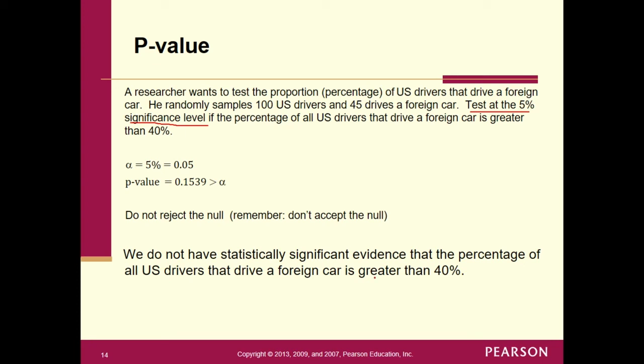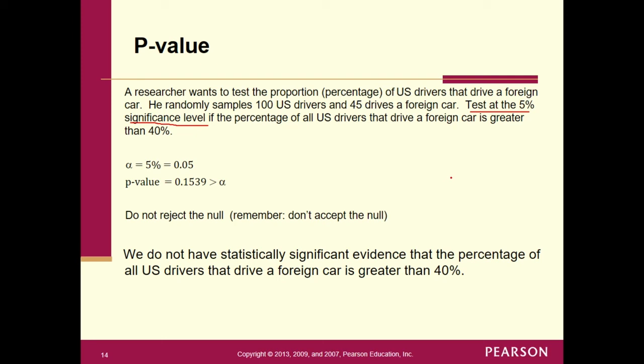Some people throw in there, they would say we do not have statistically significant evidence at the 5% significance level. It starts to get kind of wordy at that point. I prefer to keep it not so wordy. Okay, I don't want you to get lost in everything.